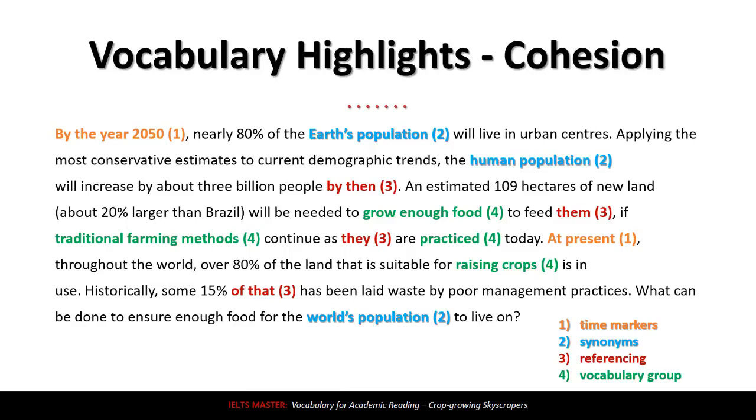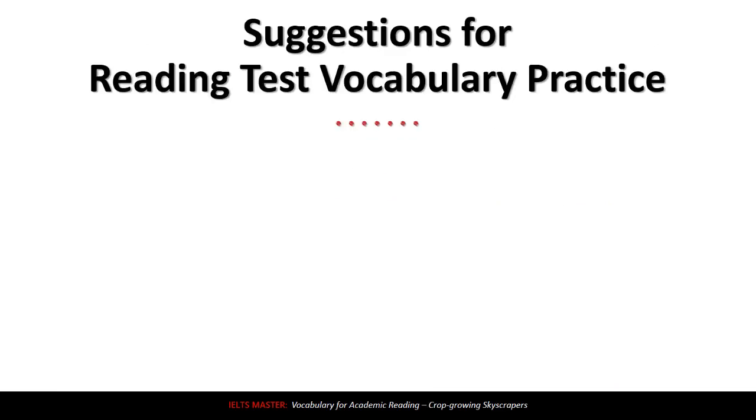They're not synonyms, but they're very closely related. Farming, crops, growing food, these are all part of the same category. And so it really helps this paragraph feel complete and feel linked, and it definitely improves the cohesion of this paragraph. All right? Fantastic.